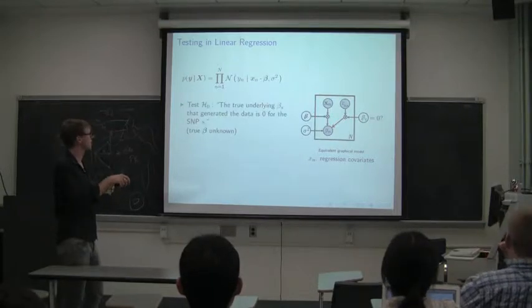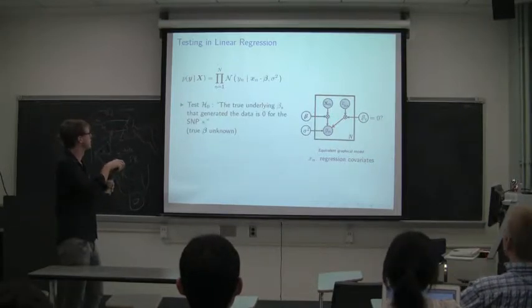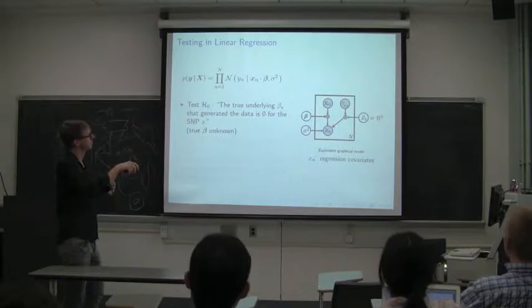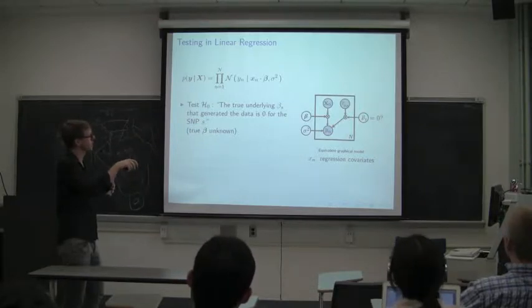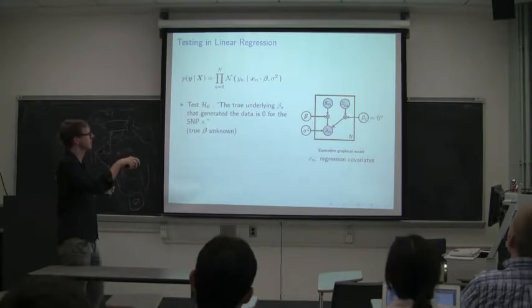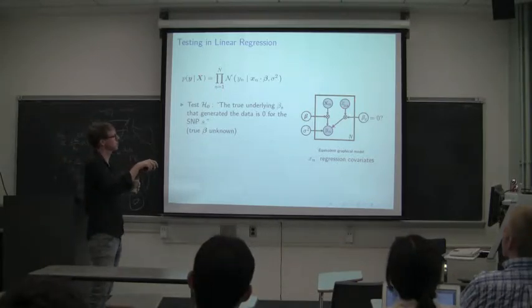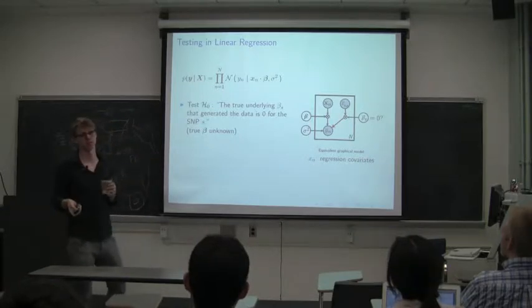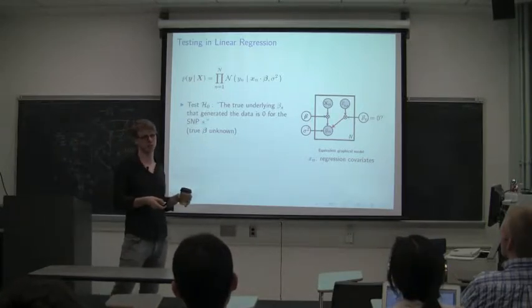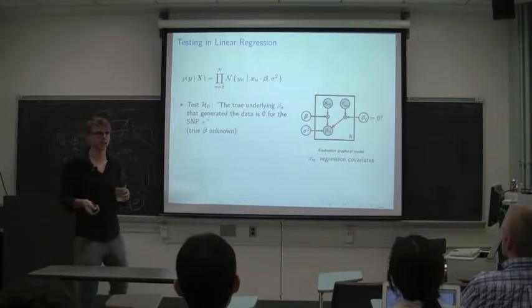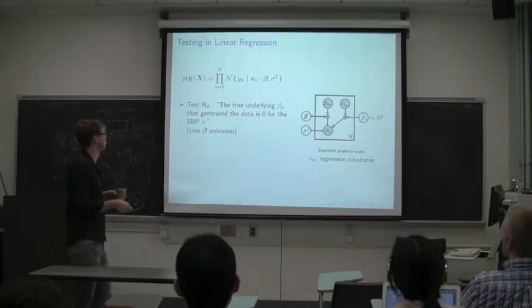The question to ask is, is this regression weight that we attach to this one variable x that we want to test equal to 0? Because if that is equal to 0, then there's no effect, which in return, if it is not equal to 0, would mean that there is an additive effect. Well, the true beta is unknown.